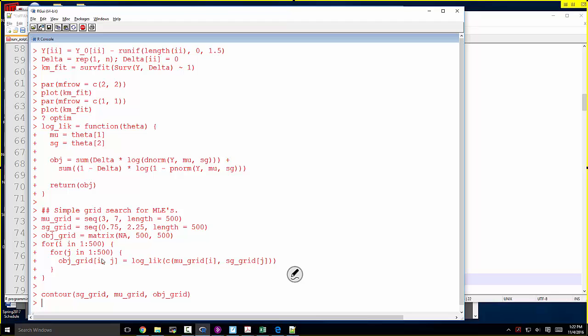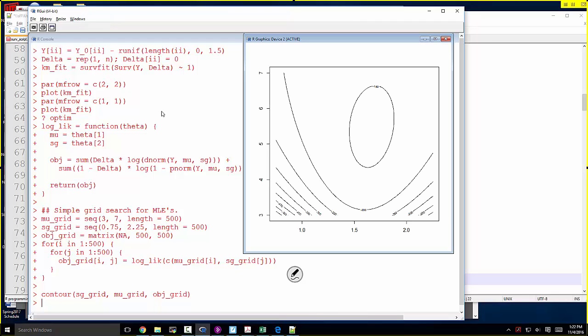So I ran the code, and then I made a picture to visualize it. I used the contour function, which tries to draw in 2 dimensions a 3-dimensional picture. Imagine you're looking down on a hill, and these contours show you areas of similar height. Inside the ellipse in the middle, that's the peak.